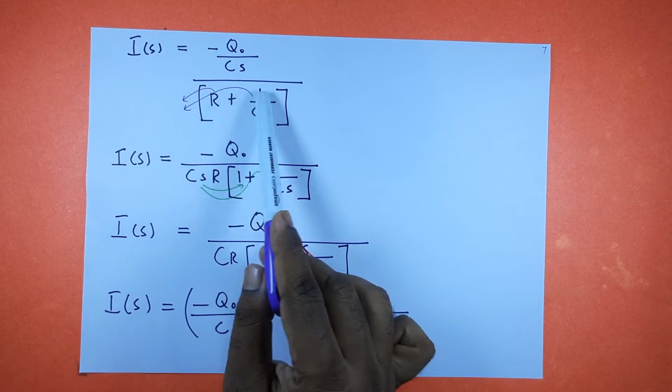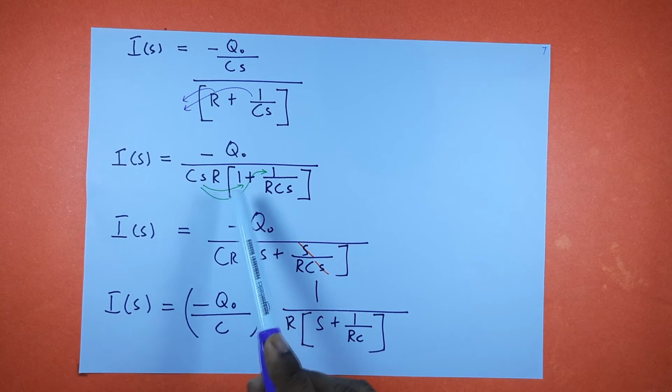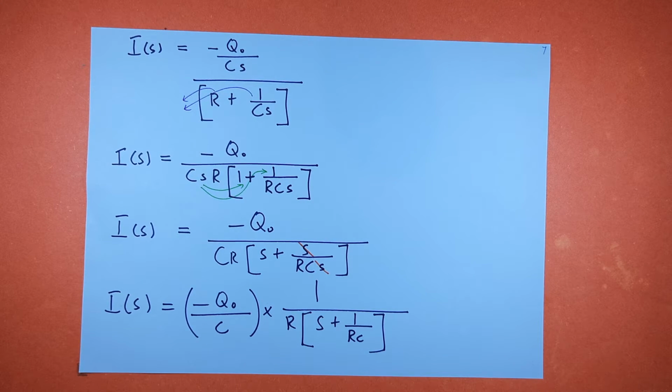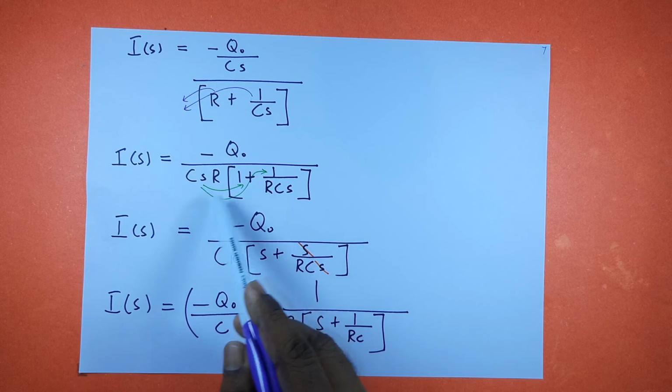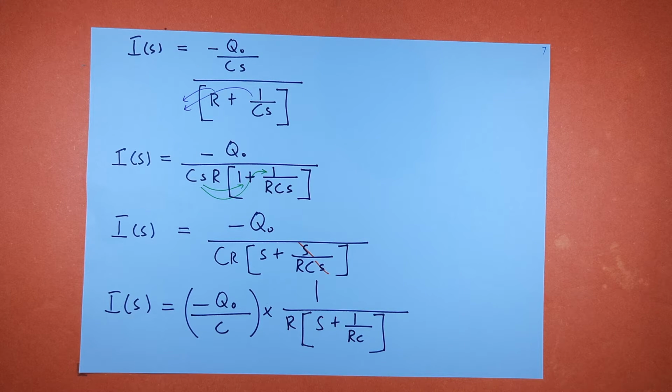This R you take from these two terms. So if you take R outside, you get 1 plus 1 by RCs. Next you take this S inside. So I of S equal to minus Q naught divided by CR multiplied by S plus S by RCs. So this S getting cancelled. I of S equal to minus Q naught divided by C multiplied by 1 divided by R into S plus 1 by RC.